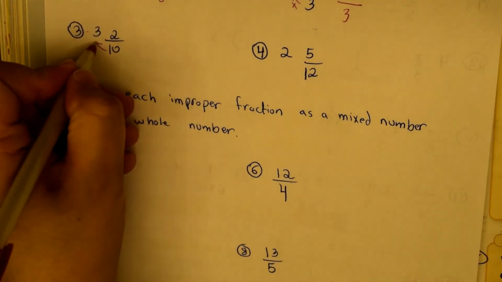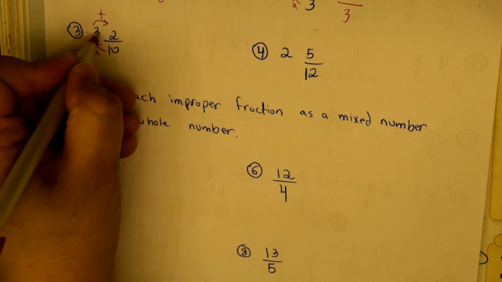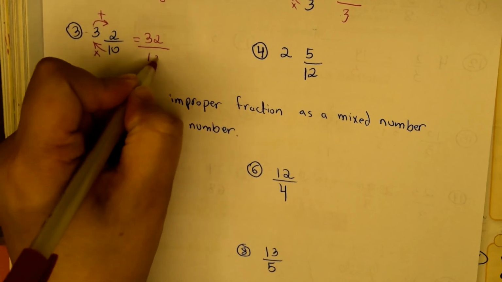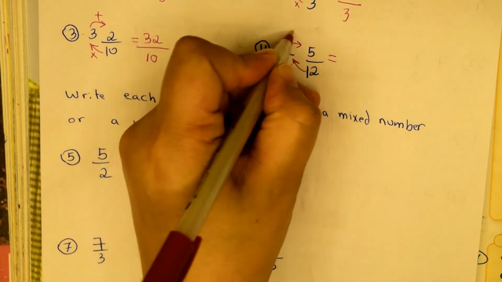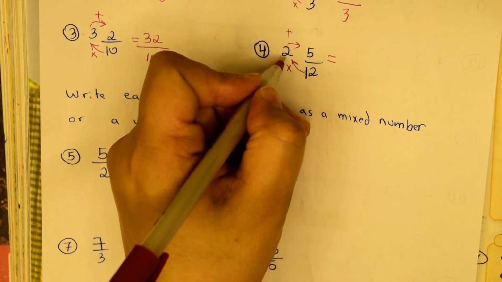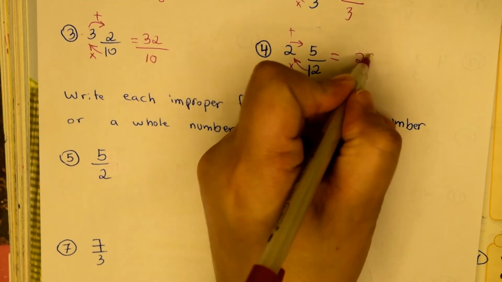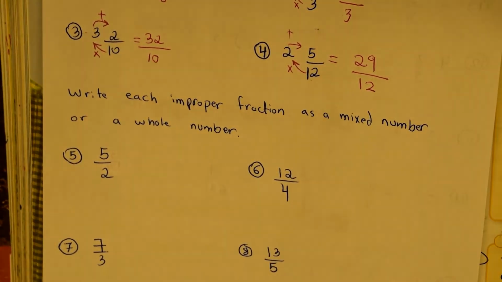Here multiplication and addition. 10 times 3 equals 30 plus 2 equals 32 over the same denominator. And here 12 times 2 equals 24 plus 5 equals 29 over the same denominator.